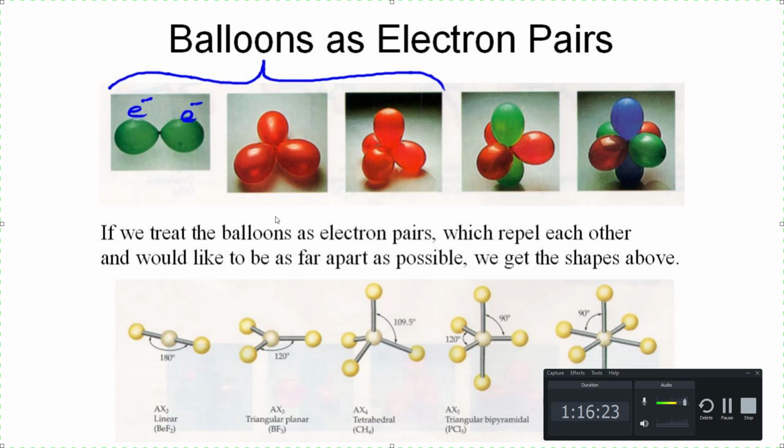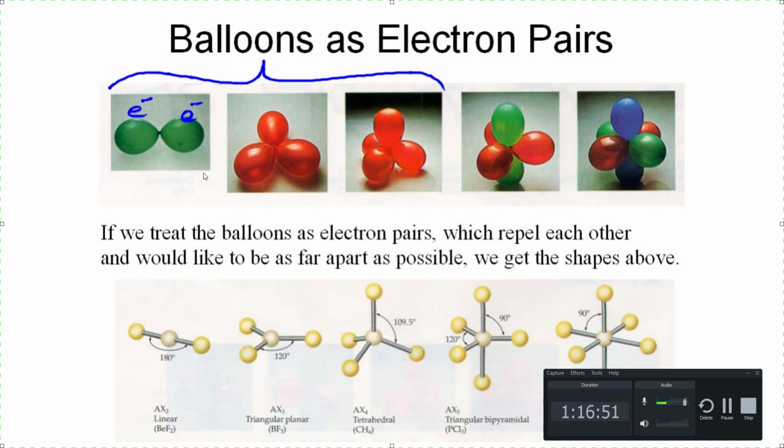But remember, the whole idea here is that these electrons that are holding the atoms together as single bonds are balloons of negative charge. Since they are big clouds of negative charge, they're going to repel each other. And valence shell electron pair repulsion is just that, repulsion. They're trying to get as far away from each other as possible.